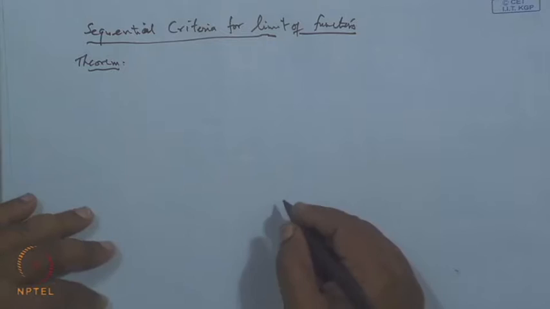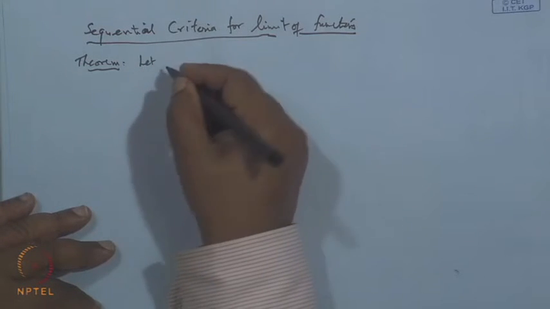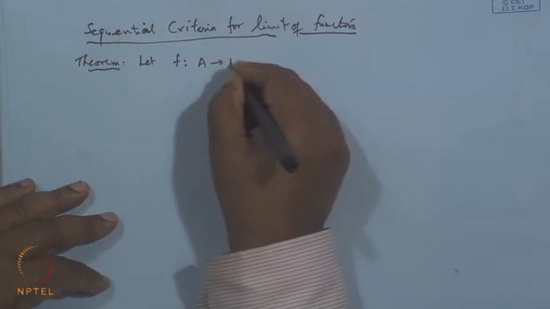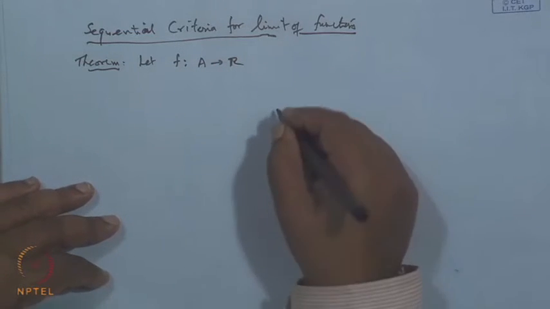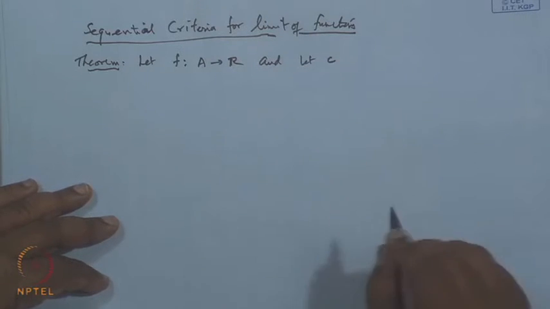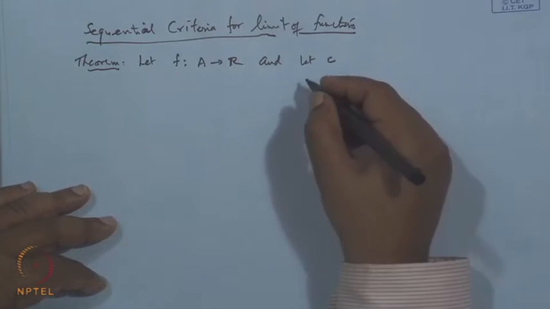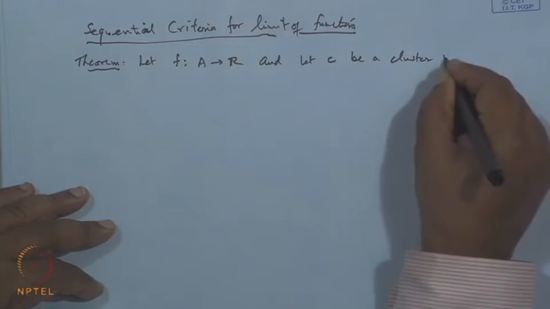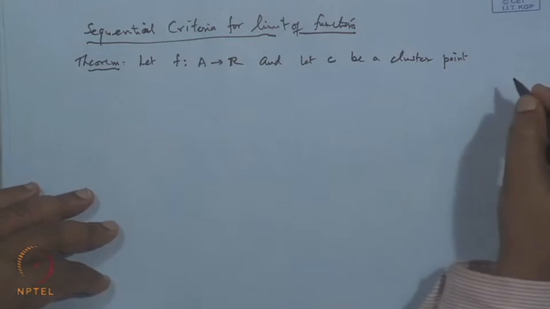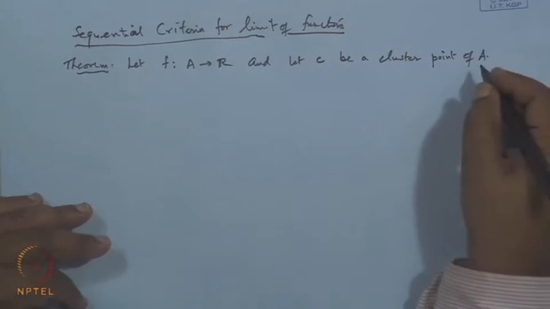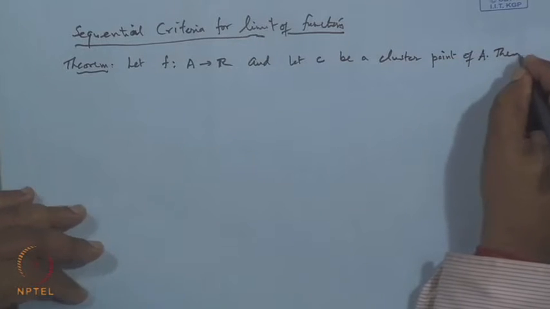The theorem says: let f be a mapping from A to R and let C be a cluster point of A. Then the following are equivalent.